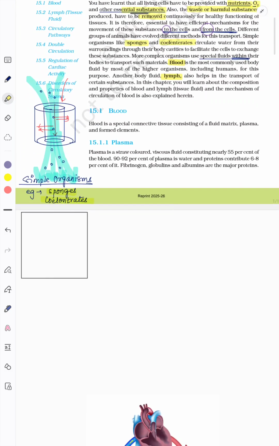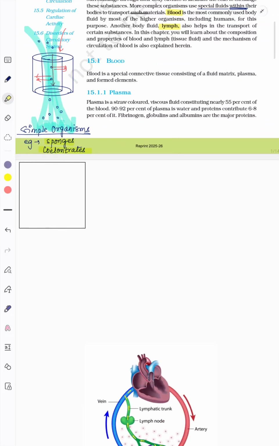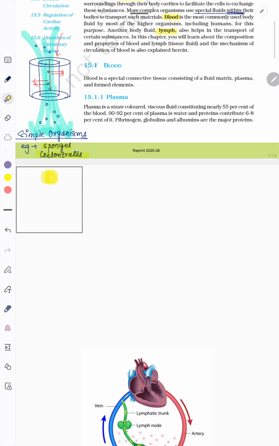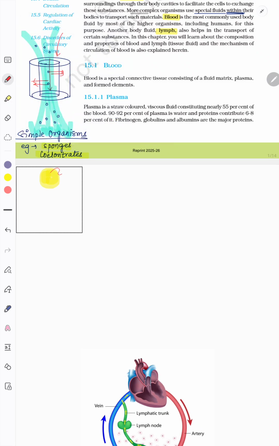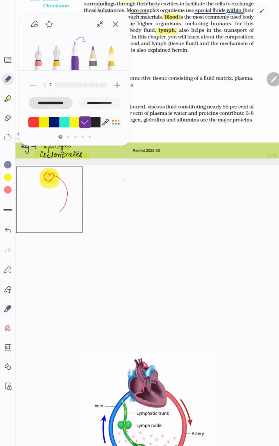Now we'll see how this happens. So what we see, in the center what is there? Heart is there. This is, for example, heart, right? So we'll make it in red color. So this is heart. From the heart what comes? Arteries, right? So these arteries will come to the tissues.